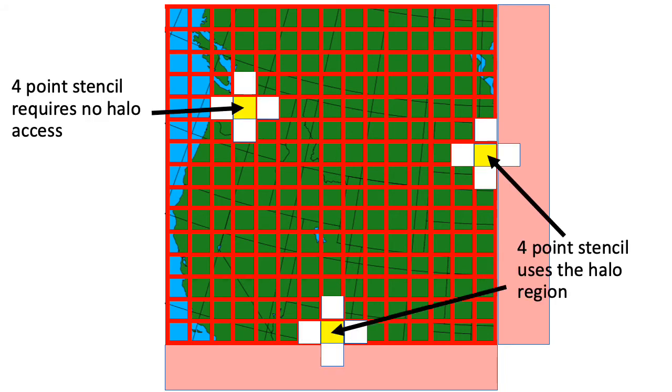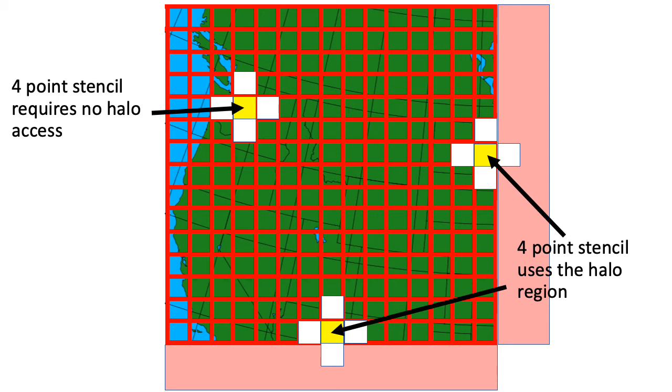If we look in the upper left-hand corner of our domain, if we have a 4-point stencil, we need a north-south point and an east-west point. A 4-point stencil in the upper left requires no halo access because we're far away from a boundary.